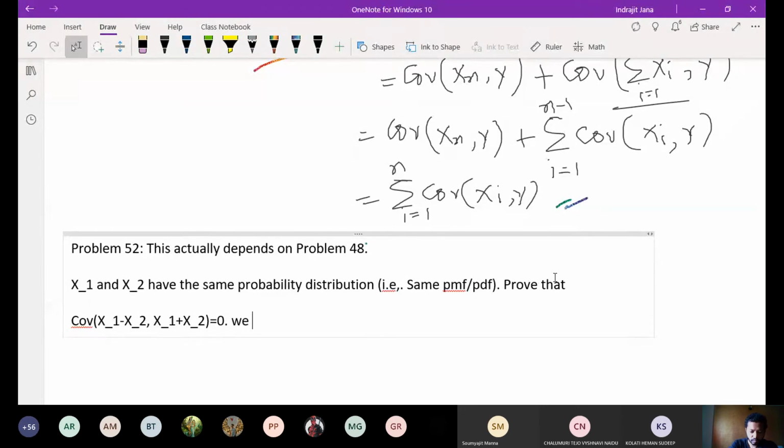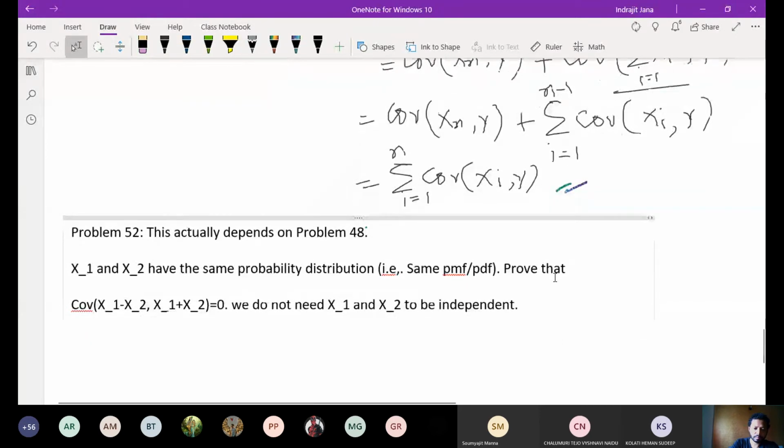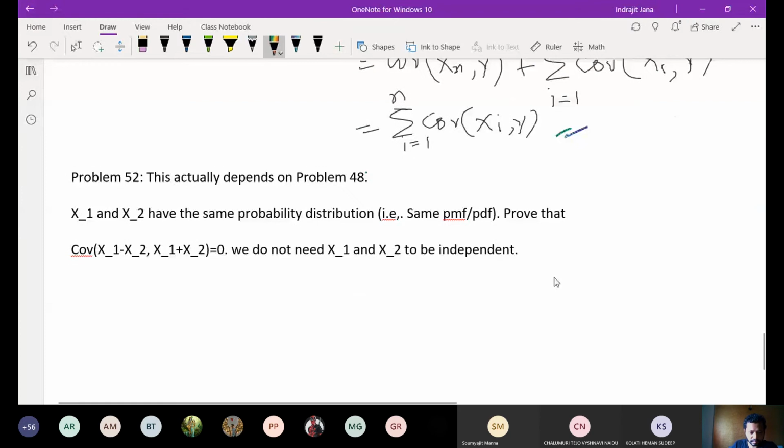So we do not need them to be independent. Okay. How do we prove this? The answer is actually very simple, and it follows the same technique as the previous problem.